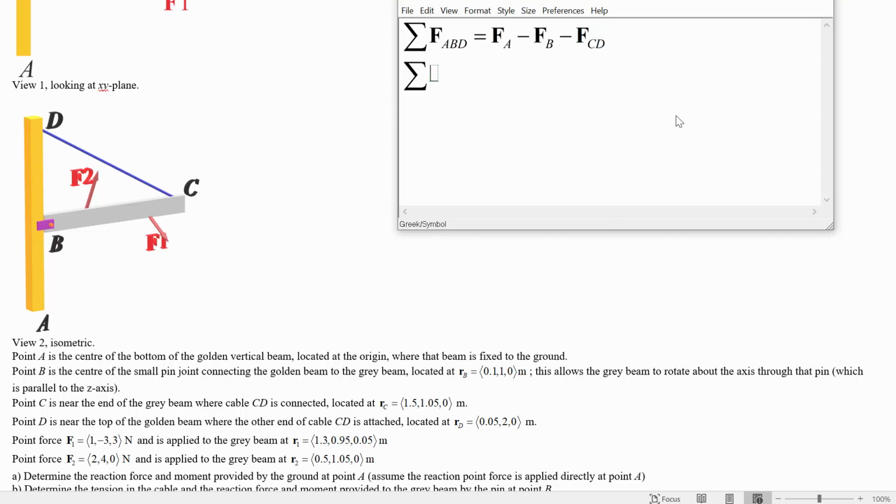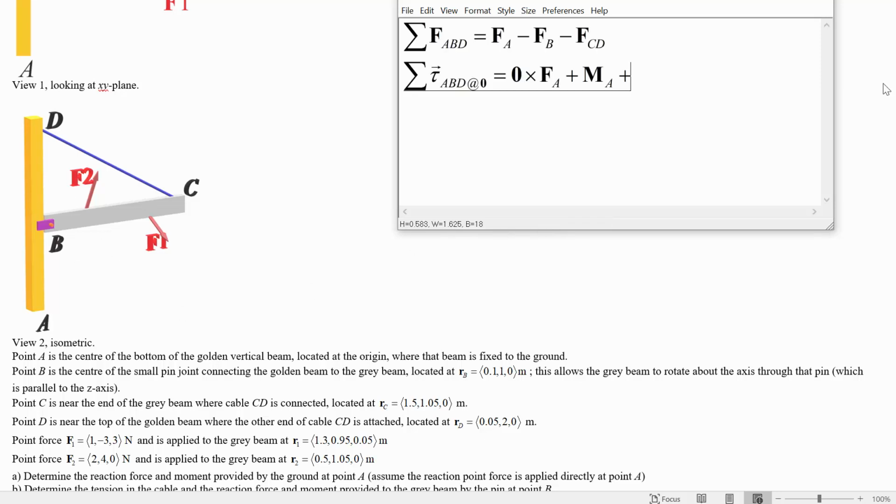And we'll also check the net torque on ABD about any point, let's say the origin. And that'll be, well, there's no torque from FA because that's at 0. Just say 0 cross FA plus the moment at A, and then all the reactions from this.